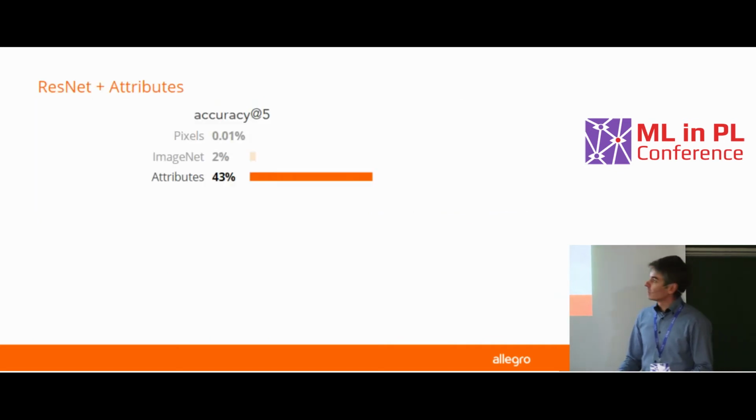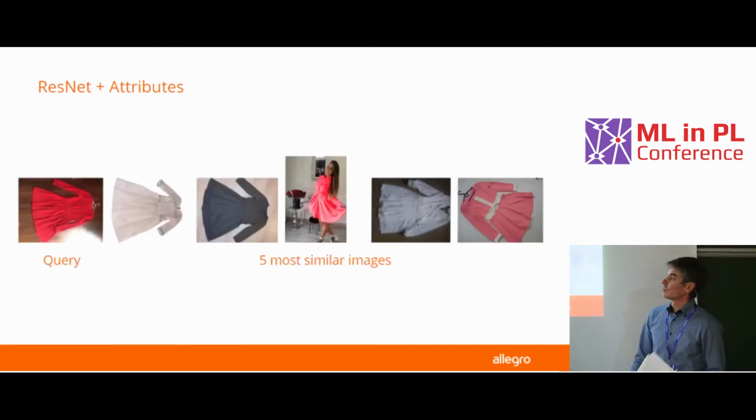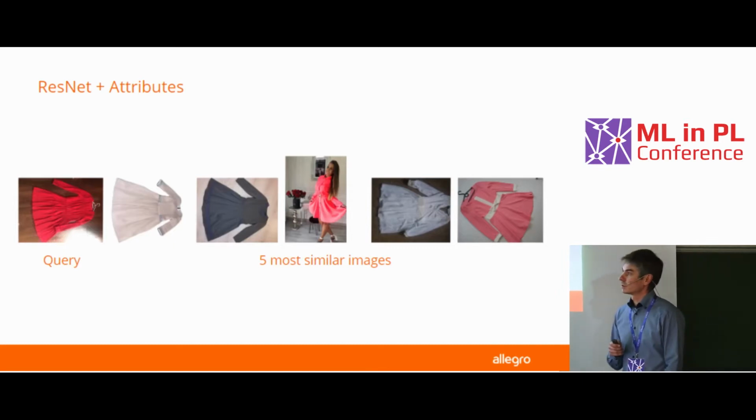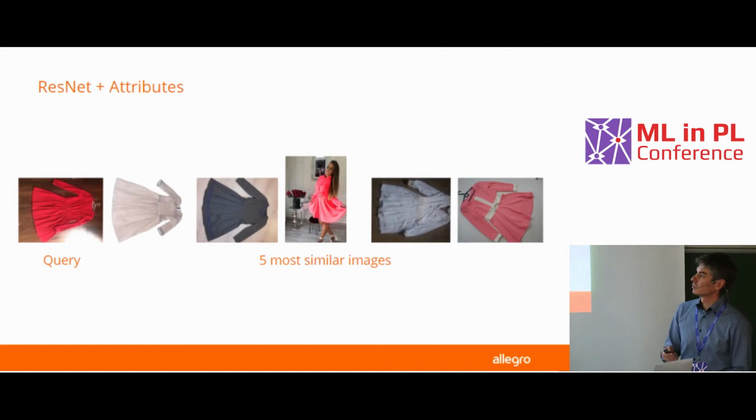So let's see. It turns out that our model based on attribute predictions produces quite good results. We have 43% accuracy. Unfortunately, the actual search results are not very impressive. While we managed to deal pretty well with the overall cut of the dress and, for example, the length of the sleeves, we certainly have a problem with color here.